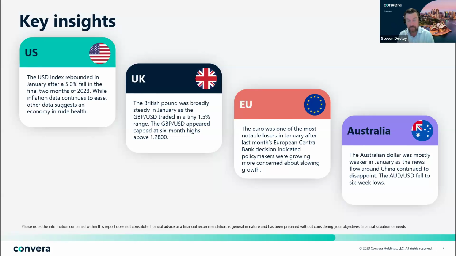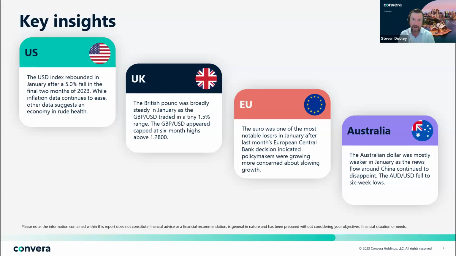So the British pound's been pretty steady versus the US dollar, but higher versus most other currencies. The euro, on the other hand, a little bit weaker, and the European Central Bank has signaled that they're more and more concerned about slowing growth, particularly out of Germany, the largest economy in the Eurozone.